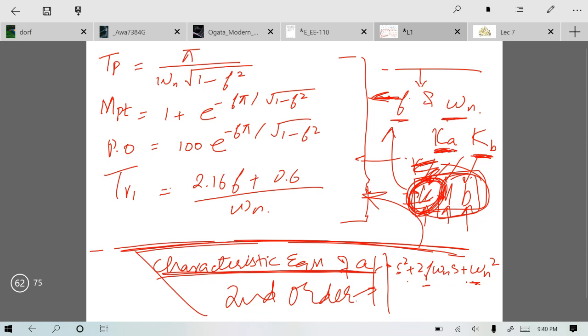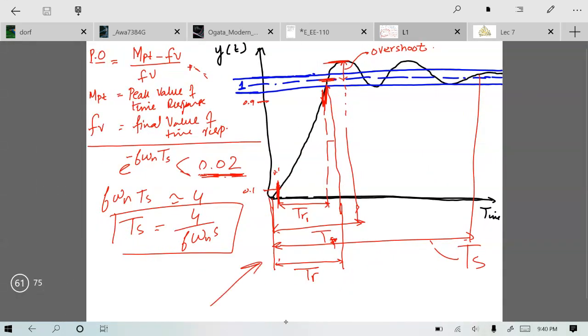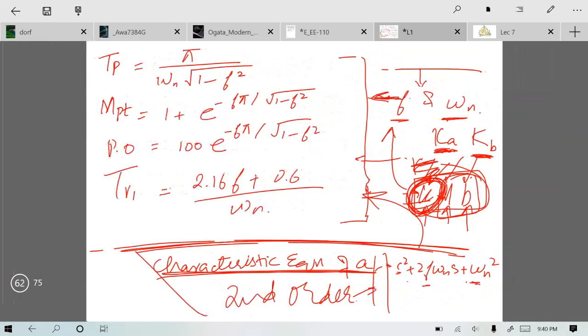Similarly, if the rise time of Ka is less and the rise time of Kb is greater, or the settling time of Kb is greater and Ka is less, you can say that the spring with the lesser settling time, lesser rise time is a good spring, and a spring with greater settling time or greater rise time is a bad spring. So from here you can decide what is good and what is bad depending upon the performance parameters, and those performance parameters directly affect the response of a system.